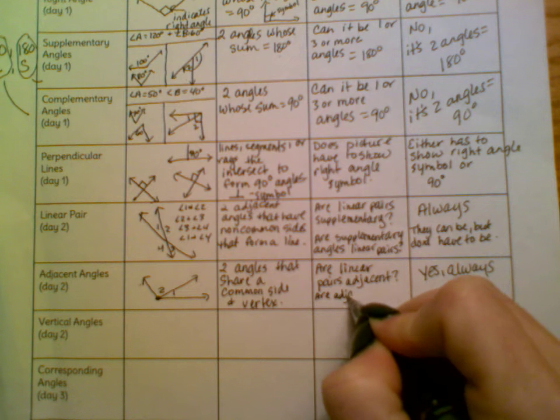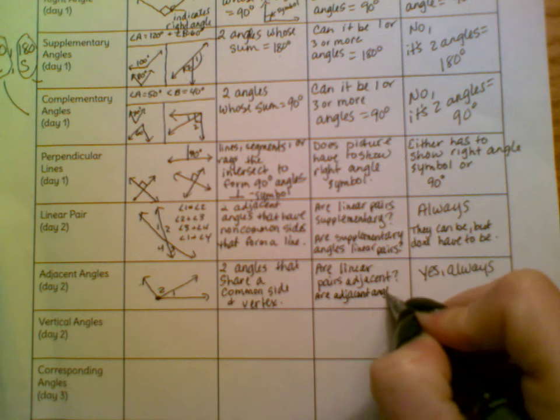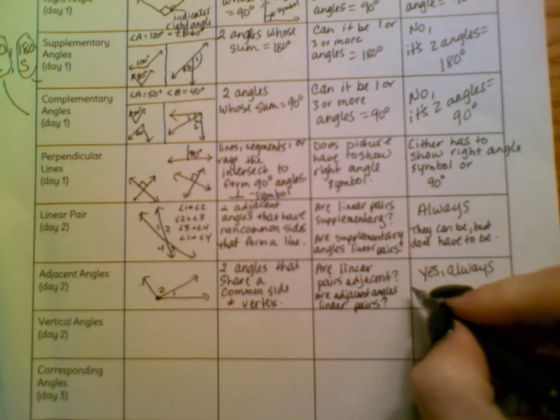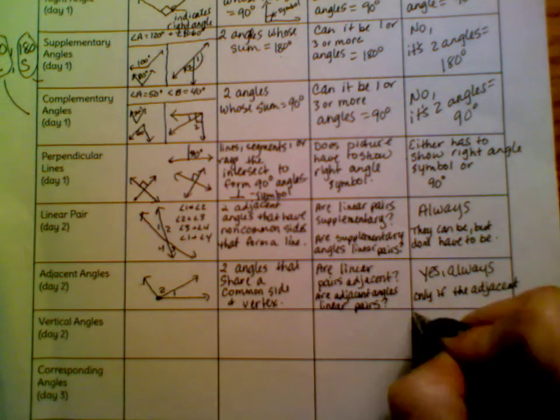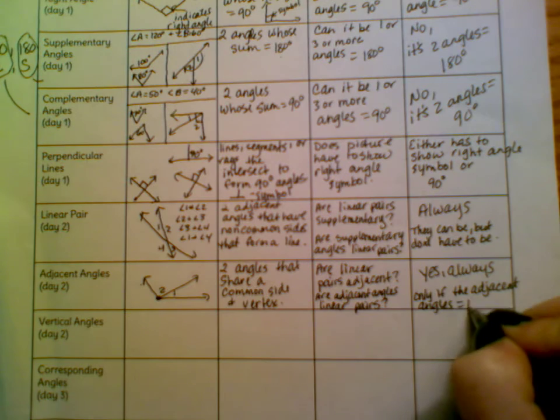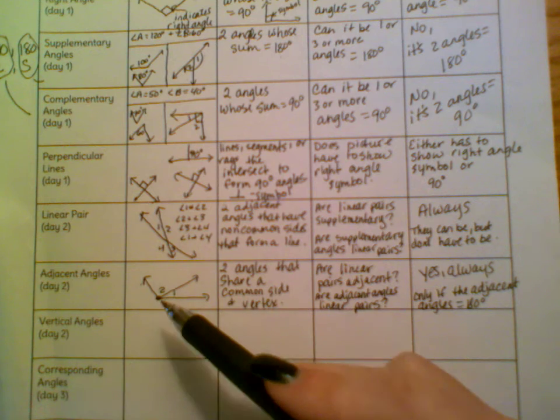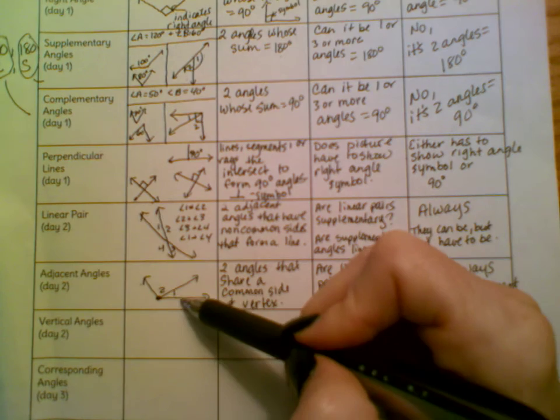Are adjacent angles linear pairs? That would be only if the adjacent angles equal 180 degrees. So in this case, these two are adjacent, but they don't equal 180 degrees. This side here and this side here do not make a straight line. If they would, then they'd be considered adjacent and a linear pair.